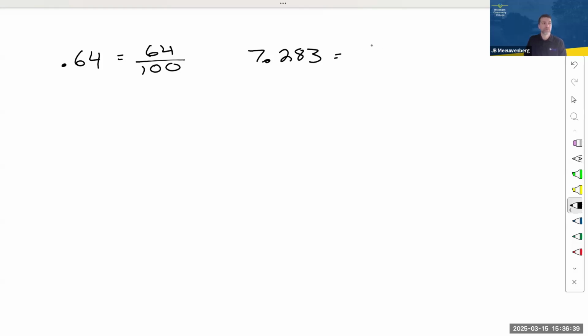We still use the same numbers that were in the original number, 7, 2, 8, 3. We just put the whole thing over whatever that last place value is. It's the thousandths place, so over 1,000. Notice that this is what we call an improper fraction, where the numerator is greater than the denominator. That's okay. It's like that because we had a whole number out front. Improper fractions have a value greater than 1.